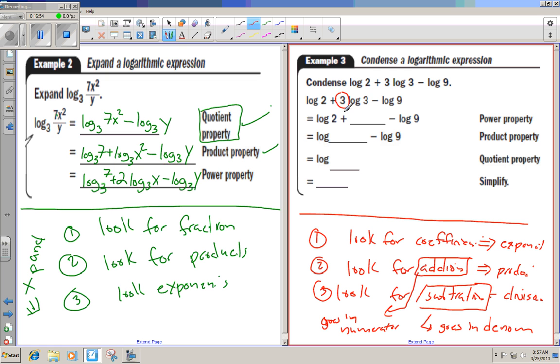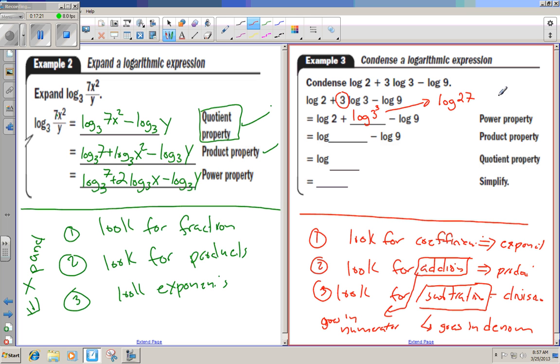So, that being said, here is a coefficient. So that coefficient becomes an exponent. Now the space that's here most likely means that this log base 3 to the third power actually is log 27.